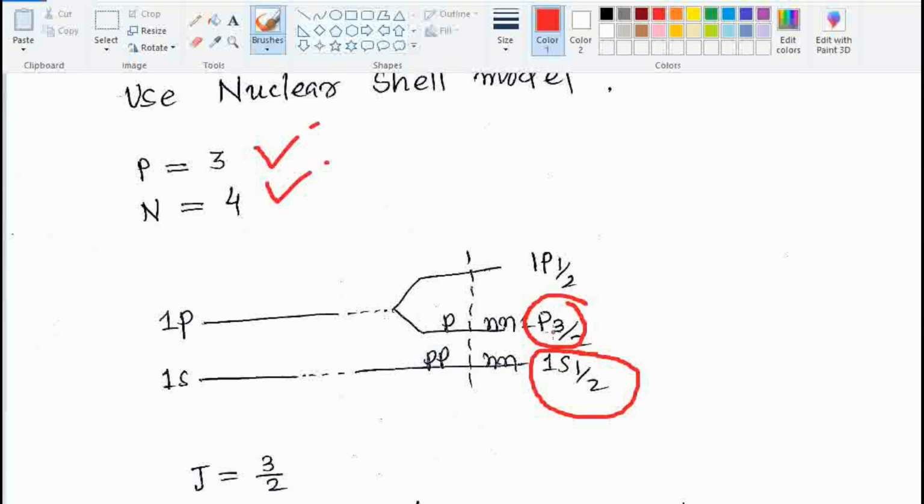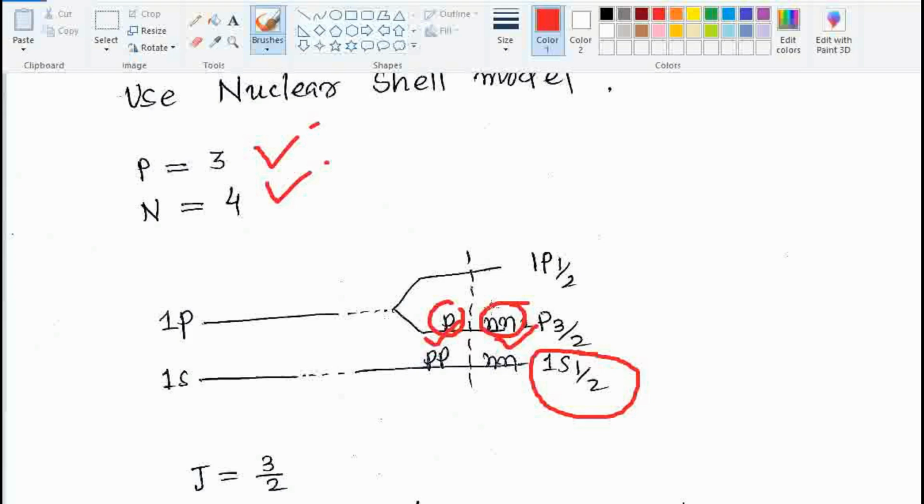The first excited state of the shell model is 1p3/2. Then the upper one is 1p1/2. Arrange the nucleons separately for protons and neutrons. So 2 protons and 2 neutrons are present in the 1s1/2 state, and only 1 proton is present in 1p3/2, and 2 neutrons are present in the 1p3/2.